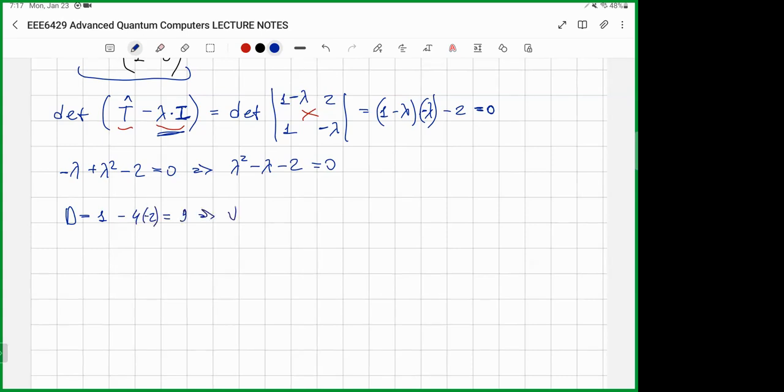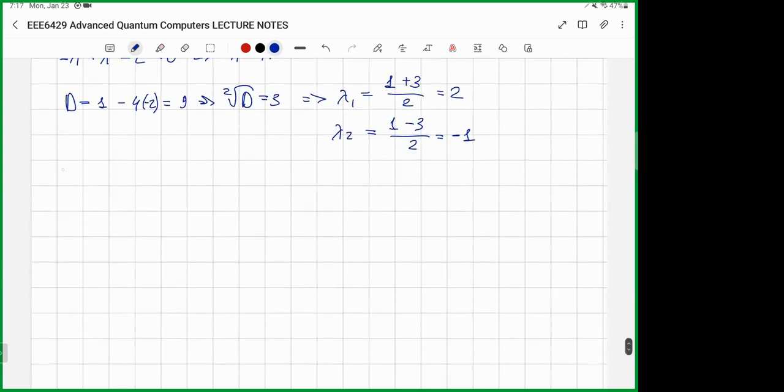So the square root of the discriminant is equal to 3, and hence the alpha, the lambda 1 is equal to 1 plus 3 over 2, which is 2, and lambda 2 is equal to 1 minus 3 over 2, which is minus 1.